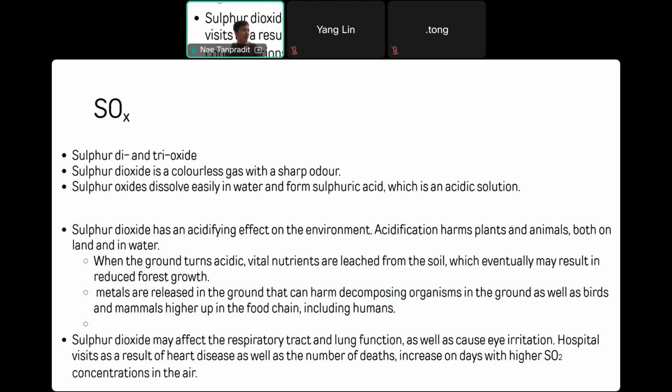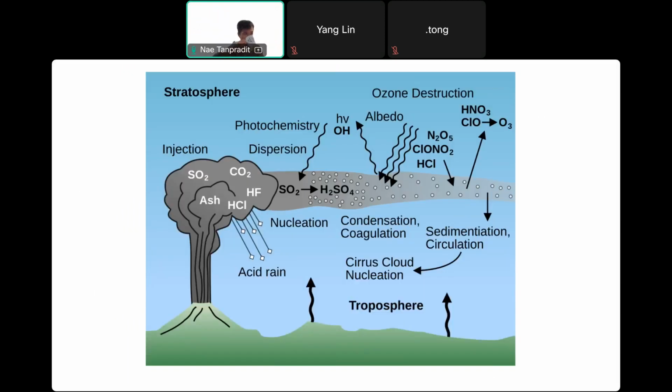The other thing is SO2, sulfur dioxide. Sulfur dioxide also makes acid rain and has an effect on health also. But a major part of sulfur dioxide is from nature, from volcanic activity.